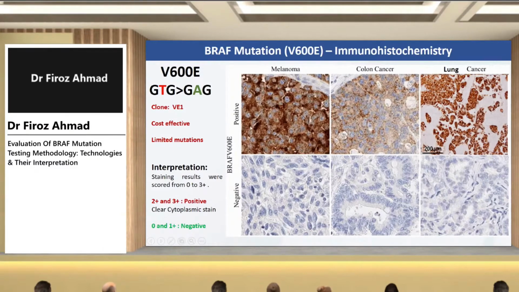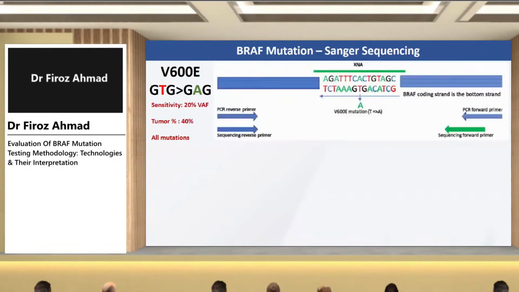Whenever there is clear cytoplasmic staining, we can call it positive for BRAF mutation, whereas staining of 0 and 1 plus is considered to be negative. So IHC is very straightforward, but one limitation is that it can detect only the clone specific mutation. It cannot detect anything else beyond V600E.